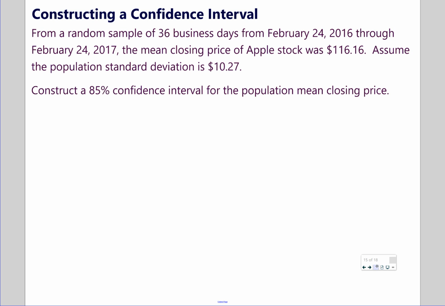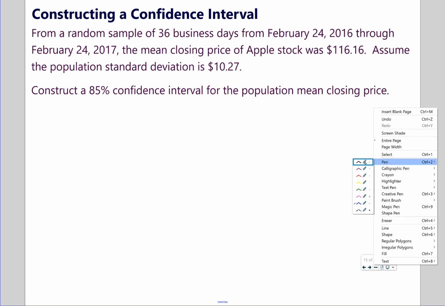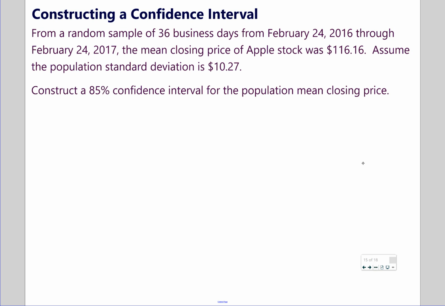Okay, so let's pull out all of our important information here. Number one, I want to always check either A, is my population normally distributed, or B, is my sample size bigger than 30? Bigger than 30. Okay, so my N here is 36. We have the population standard deviation, which remember is what you need to do this type of confidence interval.